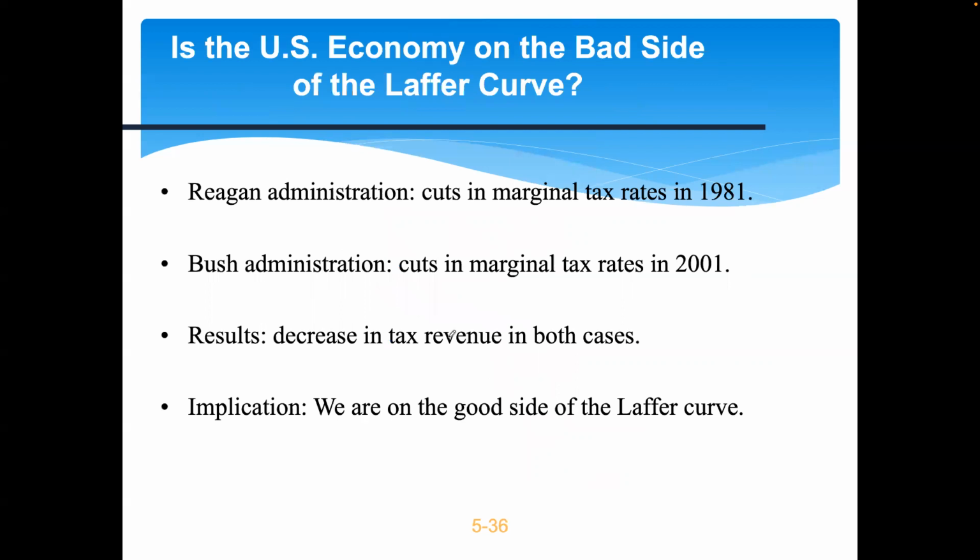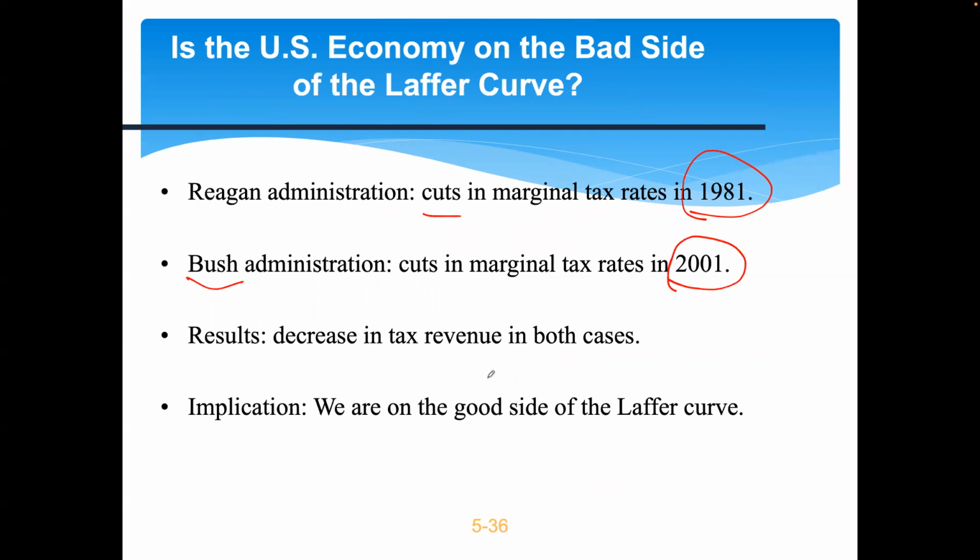Now the last question is: is the U.S. economy on the bad side of the Laffer curve? Now we can look at data. President Reagan cut tax in 1981. President Bush, the younger Bush, cut tax in 2001.